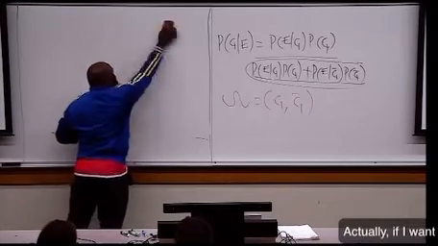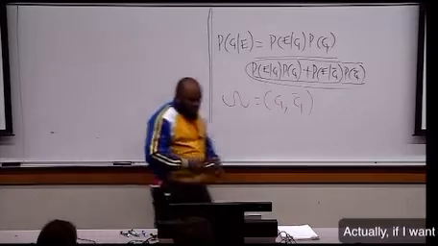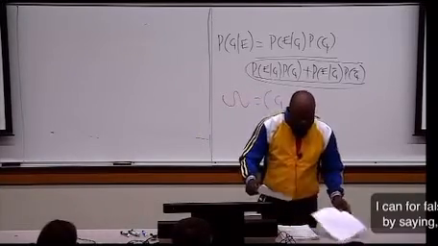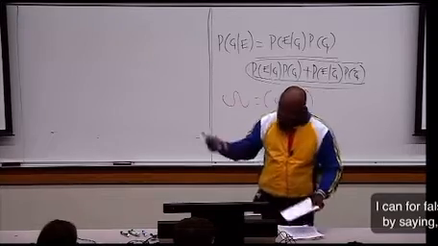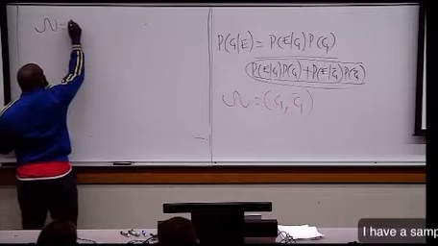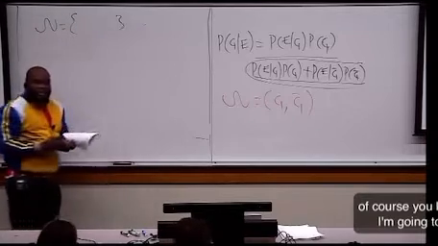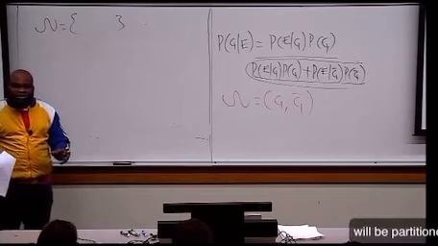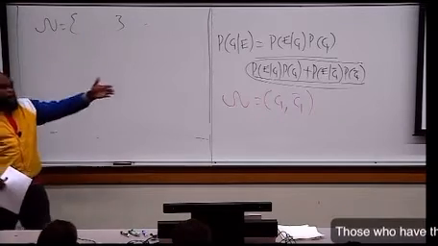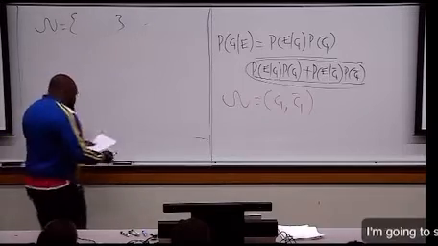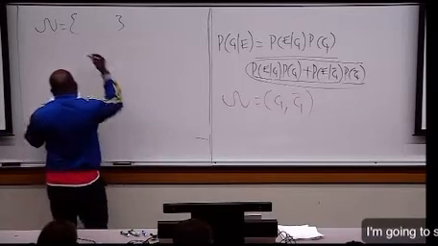Now, if I want to use A and B, I can first start by saying, okay, I have a sample space. Of course, you know what I'm going to have in my sample space. The whole population will be partitioned into two: those who have the disease and those who do not have the disease.